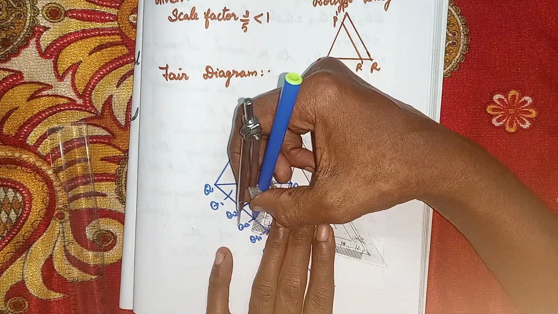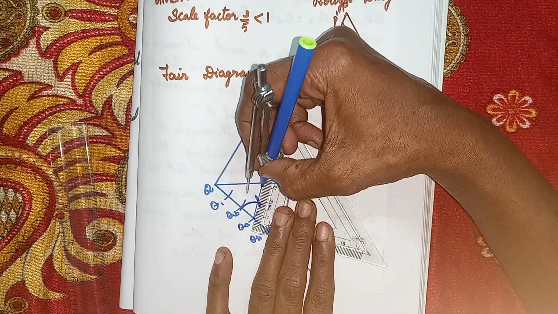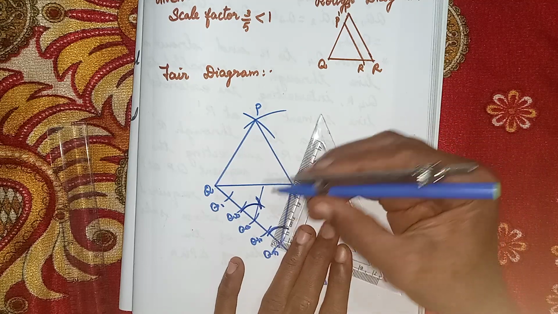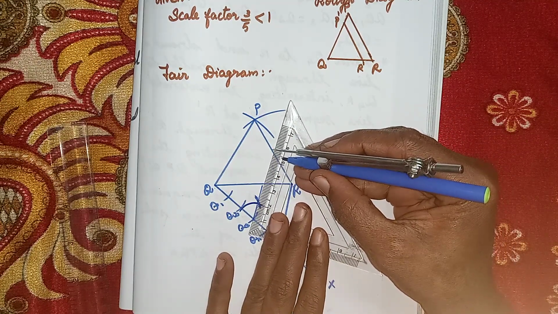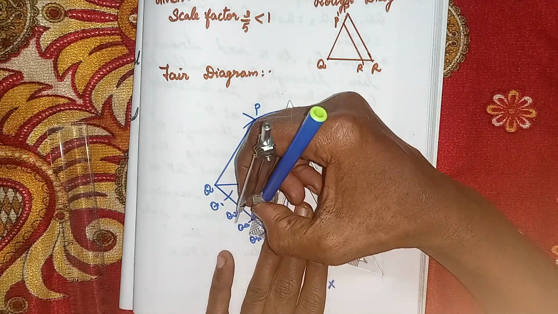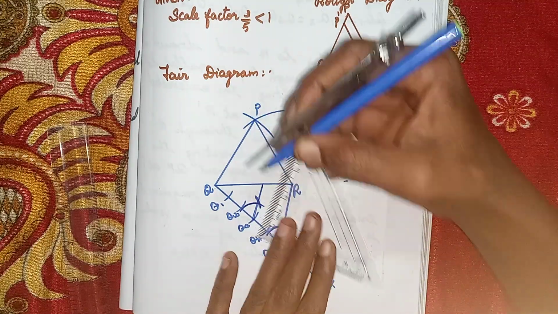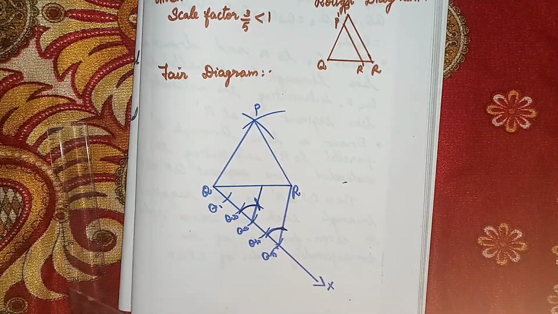Students, you have to join this. Join this. Now this point you have to mark as R dash.